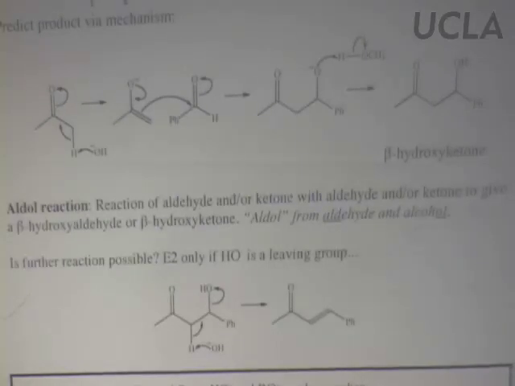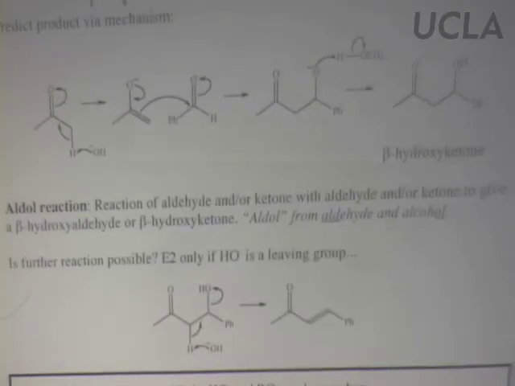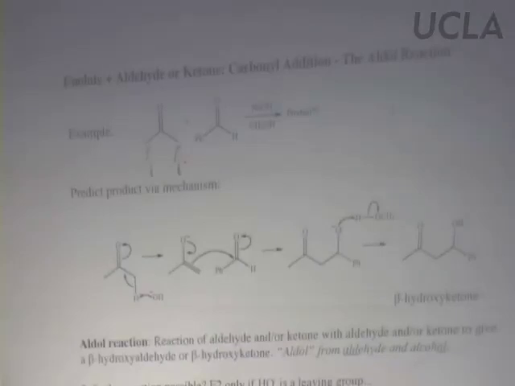Aldehyde, because aldehydes are more electrophilic. They are less sterically hindered, because here we've got this hydrogen instead of a methyl group, and they have a bigger delta plus on the carbonyl carbon because it only has one carbon group next door. So the aldehyde is more electrophilic. That's what the ketone enolate reacts with preferentially.